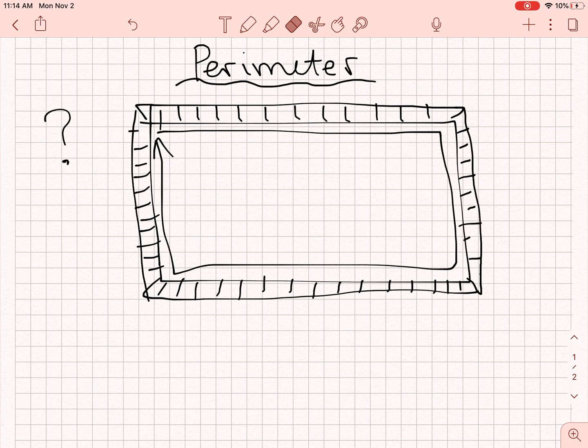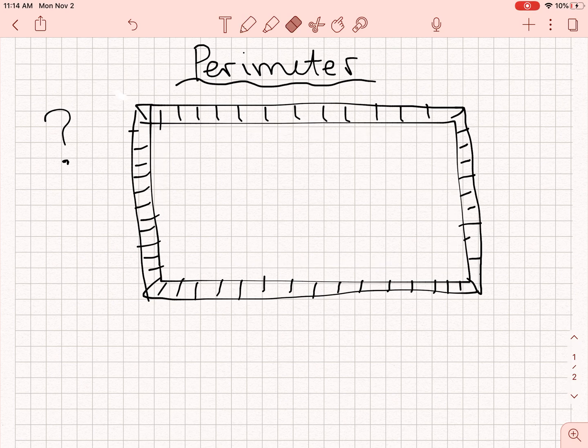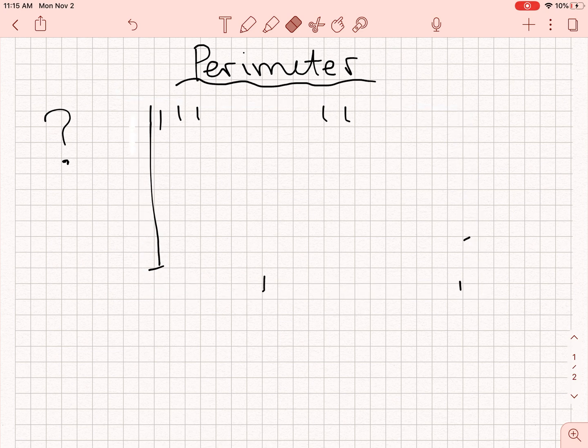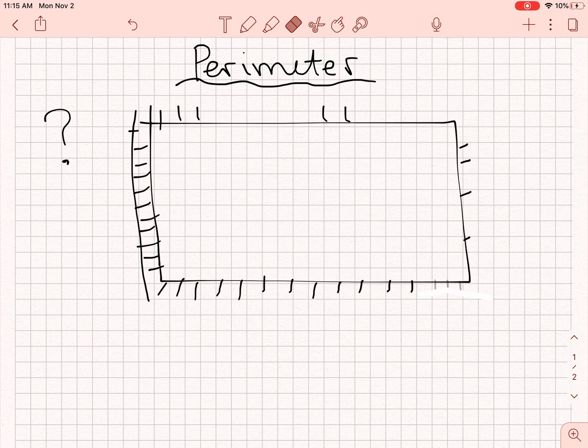To find the perimeter of a rectangle like this, first we look at the length of the sides. So I'm going to go back to my rectangle here again, and I'm going to take a look at how big the sides of my rectangle are.